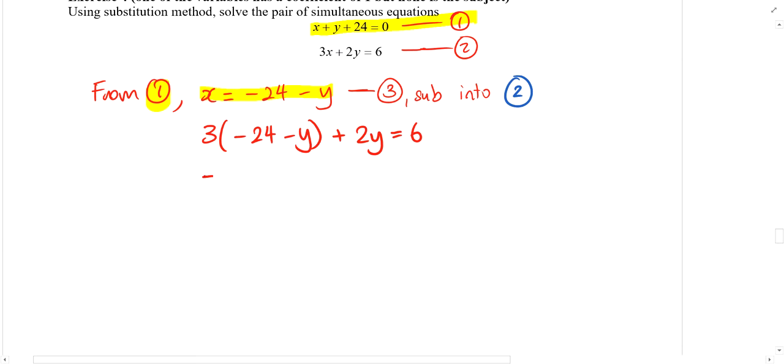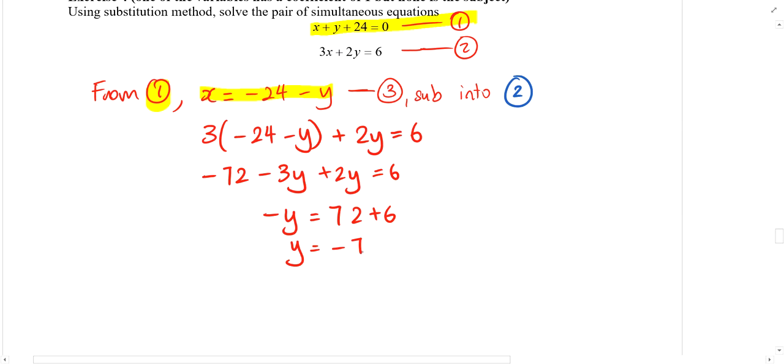So this is negative 72 minus 3y plus 2y equals to 6. I hope I did my mental sums correctly. Okay, I think it is correct. So negative y equals to 72 plus 6. y equals to negative 78.